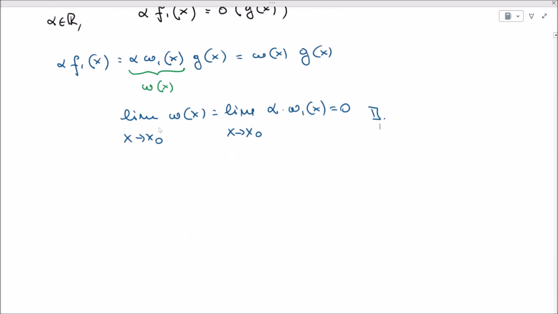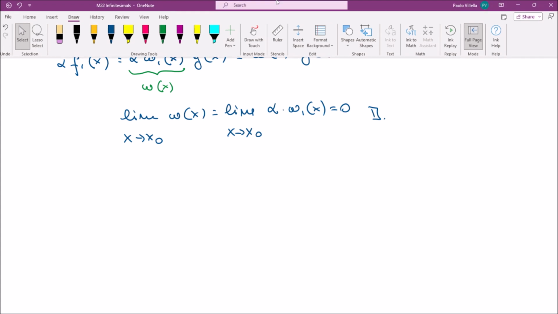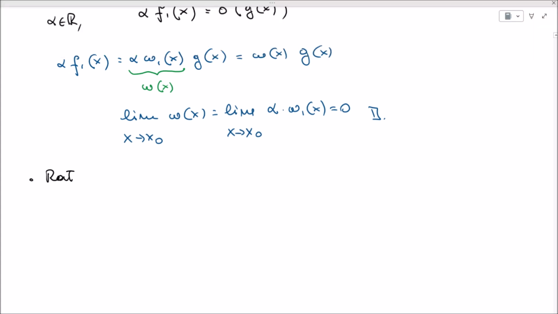Now, one last thing that would be interesting to see is if we can do something about the ratio of f1 and f2. So what about f1 of x divided by f2 of x? Can we conclude something about the infinitesimal relationship with g of x?